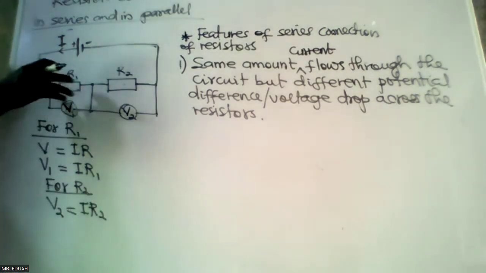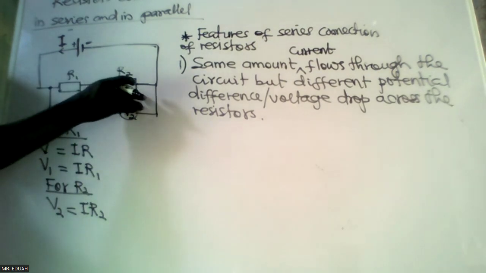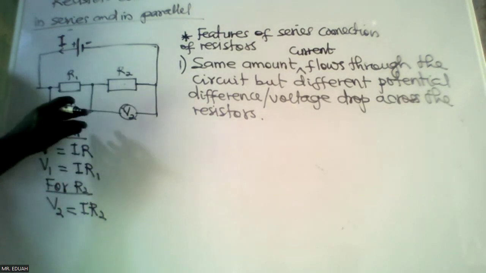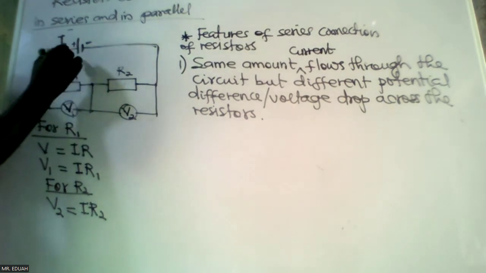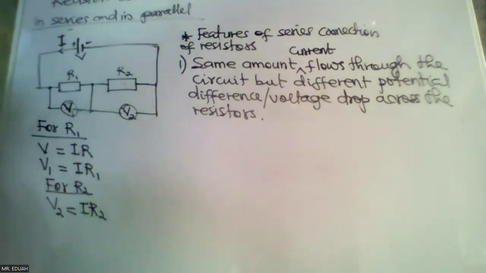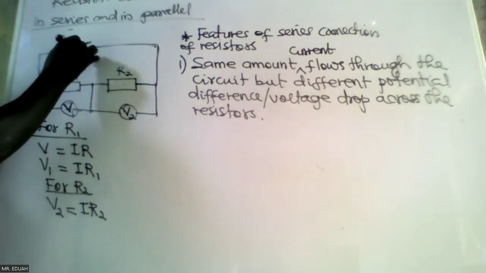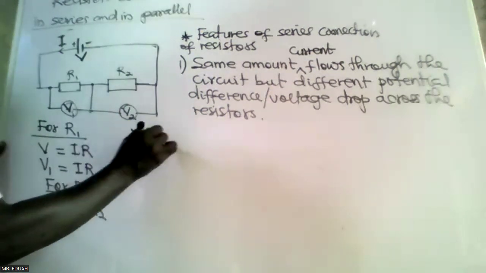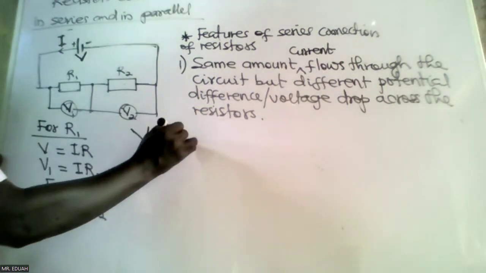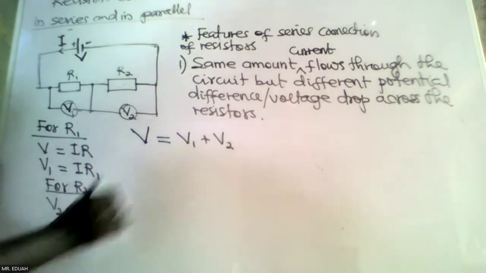When I sum the voltage drops across R1 and R2, it must be equal to the source EMF or the source voltage, V. So V is equal to V1 plus V2.